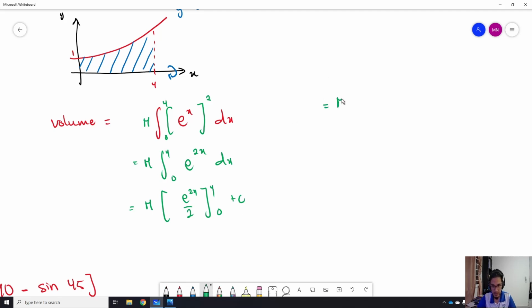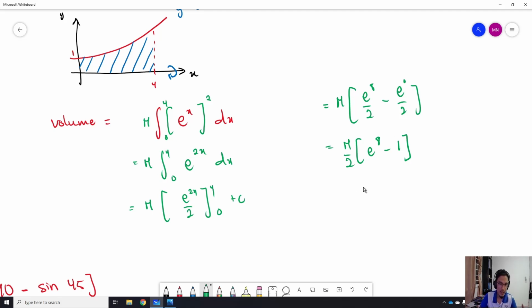So it becomes pi e to the power of 8 over 2 minus e to the power of 0 over 2. So then we have pi over 2 times e to the power of 8 minus 1. This will be our final answer for the volume generated by the shaded region when it revolves 360 degrees on the x-axis.